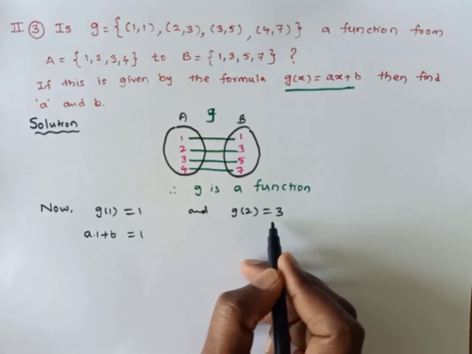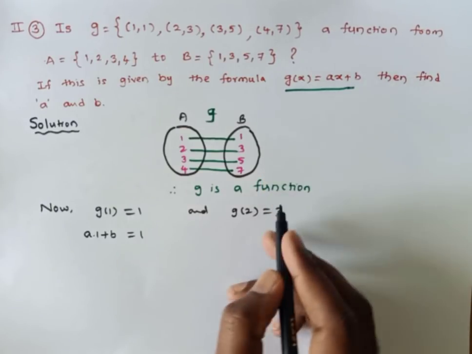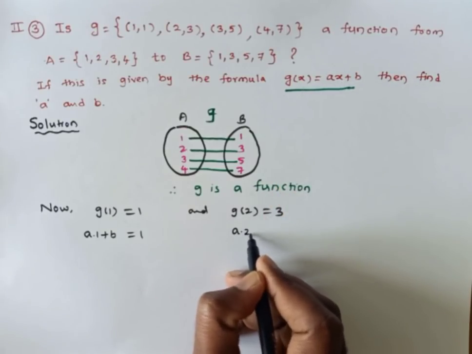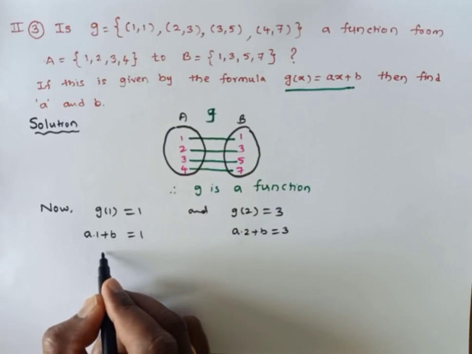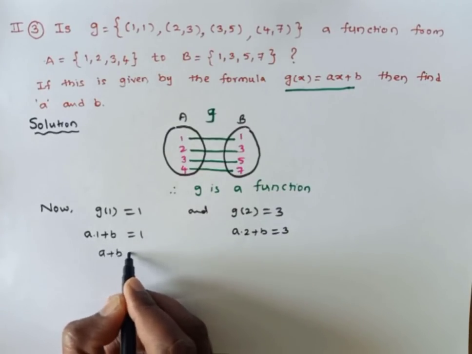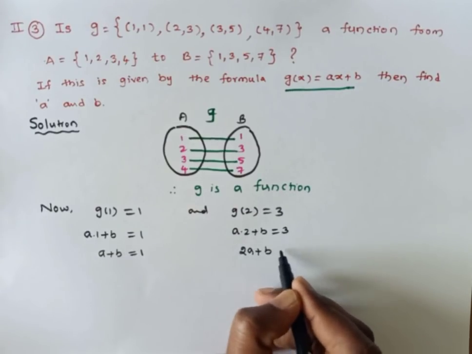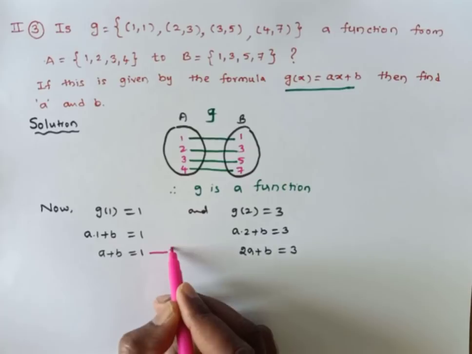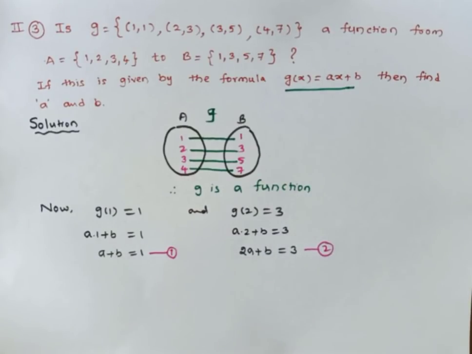And g of 2 equals 3: replace x with 2, so it is a into 2 plus b equals 3. So a plus b is equal to 1, and 2a plus b equals 3. To get the values of a and b, just solve these two equations. Let these be equation 1 and equation 2.